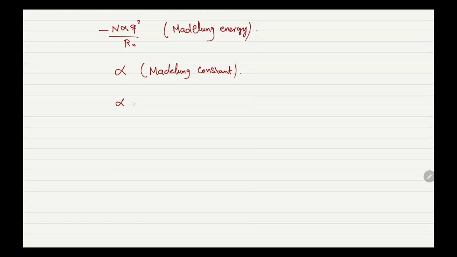And alpha equals the summation over j of plus or minus over p_ij, and this is the Madelung constant, as we mentioned before. Now for a stable crystal, it's very important that alpha is positive. So alpha is positive for a stable crystal.